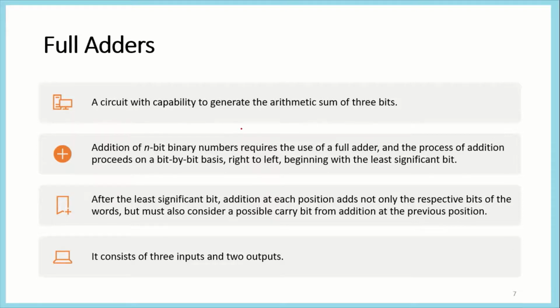So when we are adding two numbers in the form of columns, we always have to adjust for another input, which is the carry in input, because after the first column there will always be a carry transferring from right to left, from column to column.